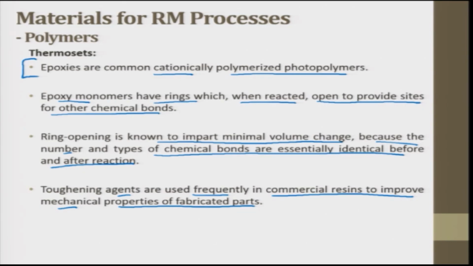Almost all commercially available stereolithography resins have significant amounts of epoxies these days. So the mechanical properties are improved, as toughening agents are added. These toughening agents may be reactive or non-reactive, maybe in the form of phase separating liquids or particles. So these are the thermosets and thermoplastic polymers.